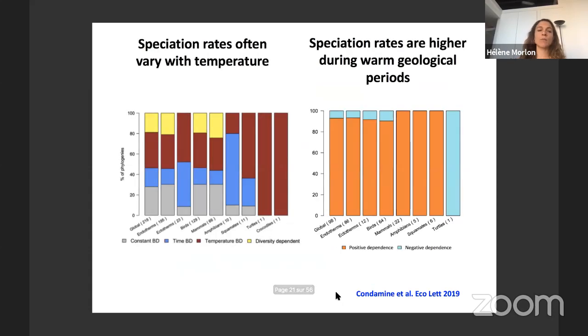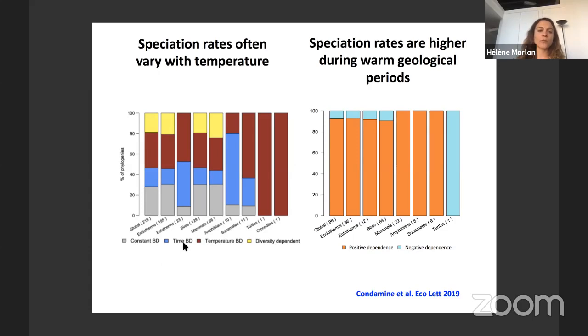Now, when we look at the support for models where we include temperature dependency in the rates of diversification, the support is mixed, so it's not an overwhelming support, but there is a significant fraction of phylogenies where models where rates vary as a function of temperature are more supported than models where we have dependency of the rate just, for example, a declining rate through time.